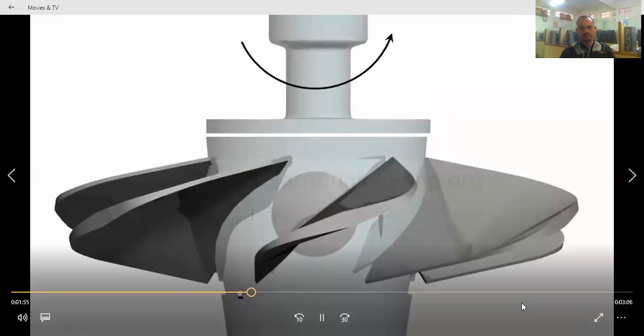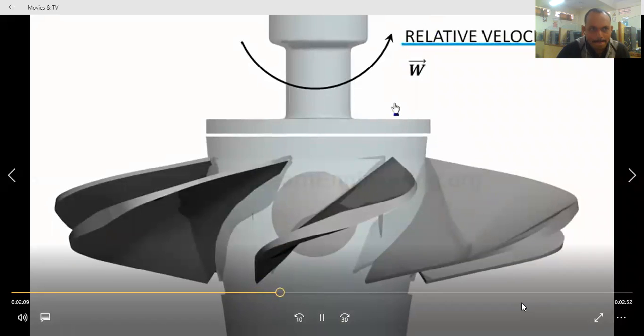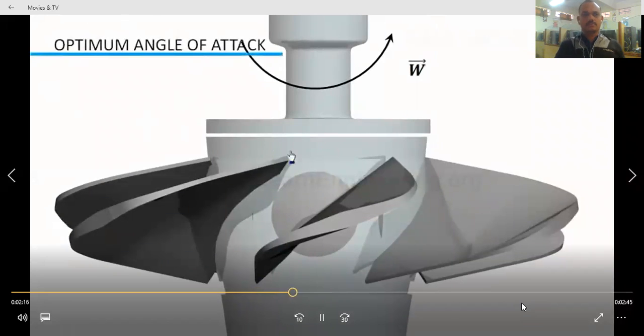Blades of Kaplan turbine are designed to operate under a wide range of operating conditions. So this is the design of rotating blade. A blade experiences relative velocity of flow, so they extract maximum amount of energy from the flow. The fundamental thing in blade design is relative velocity of fluid flow should be at optimum angle of attack at all cross sections.